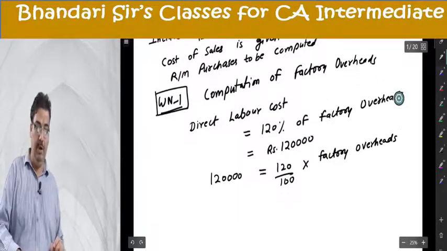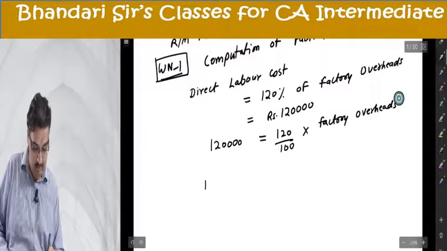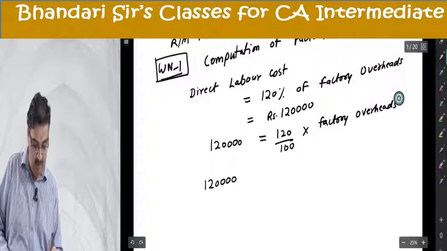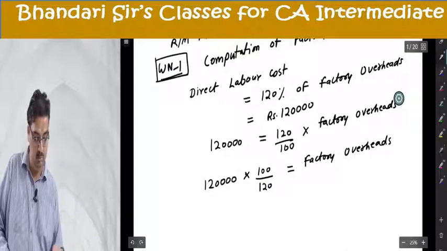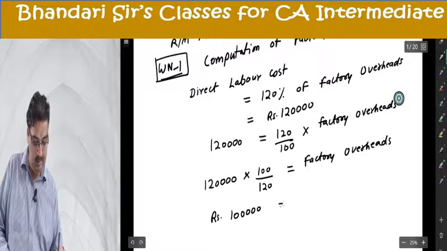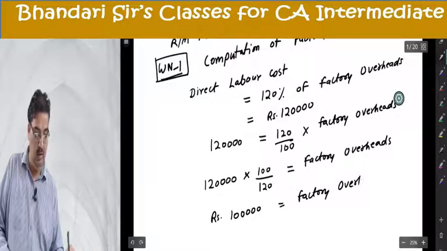So my factory overheads equal 1,20,000 into 100 by 120. Rupees 1 lakh is factory overheads.